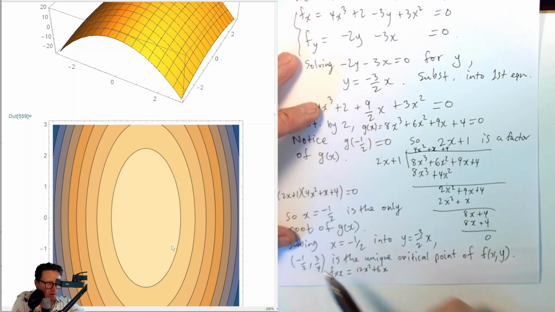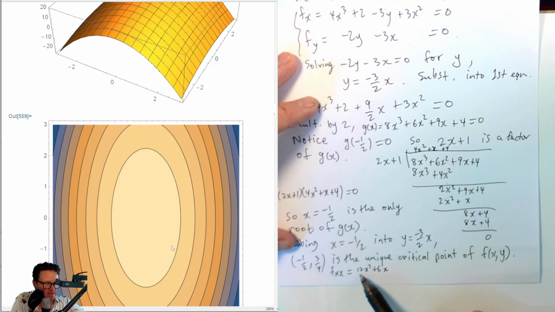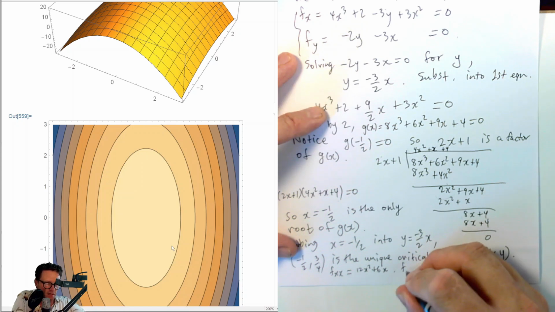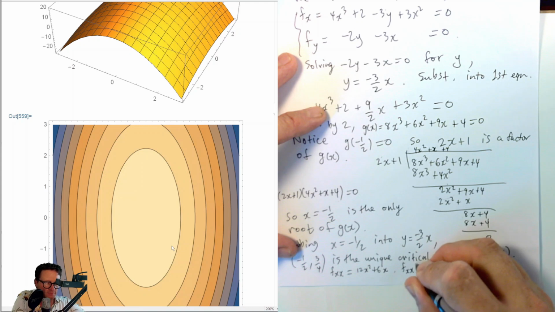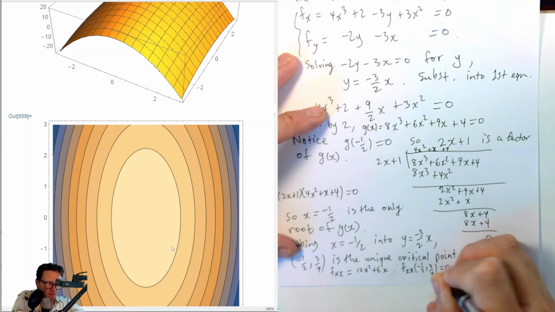Okay, now if we were to sub in minus 1/2 into this, we would have 12 times 1/4, which is 3, and then minus 3. So fxx at minus 1/2, 3/4 is 0.